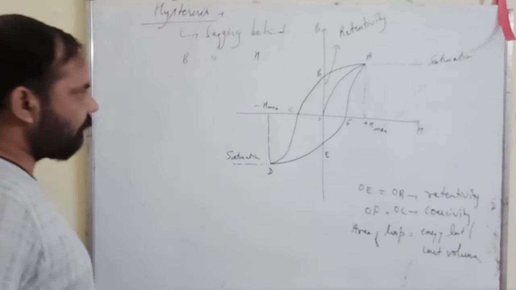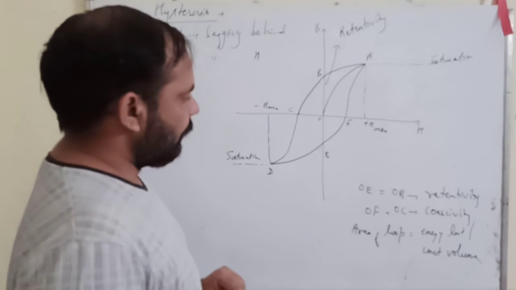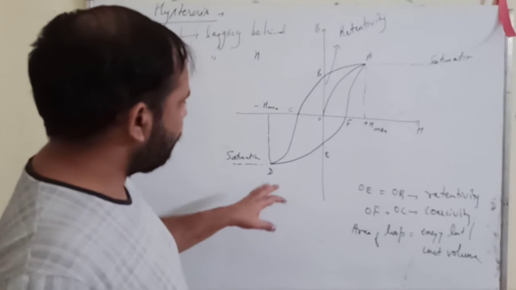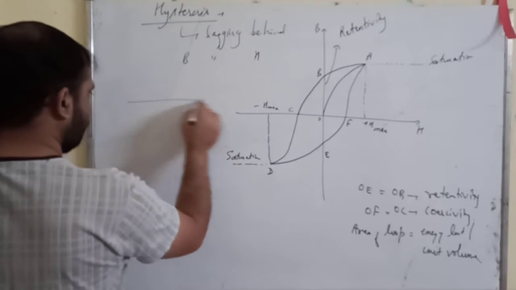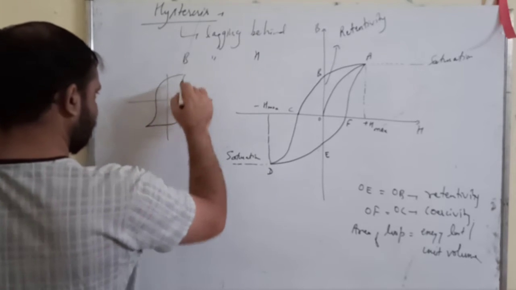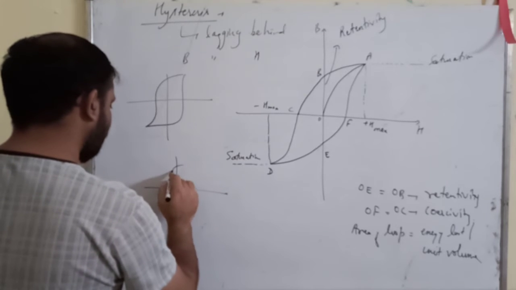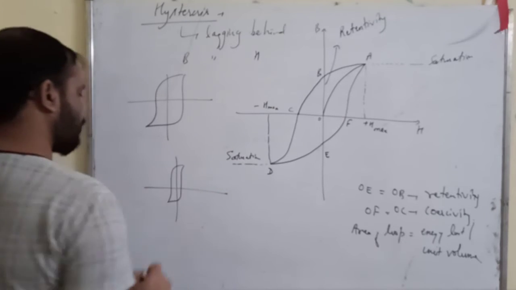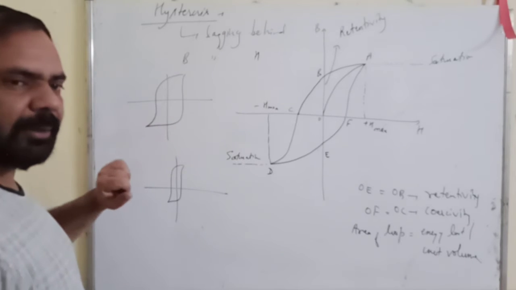Now a few things we can understand from here. Suppose you have a material of this kind and you are getting this type of loop, and for another material you are getting this type of loop. You can see that here the area is large as compared to this.